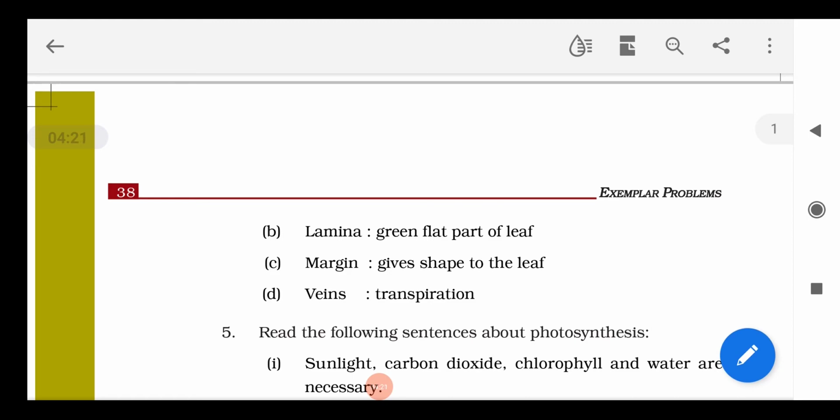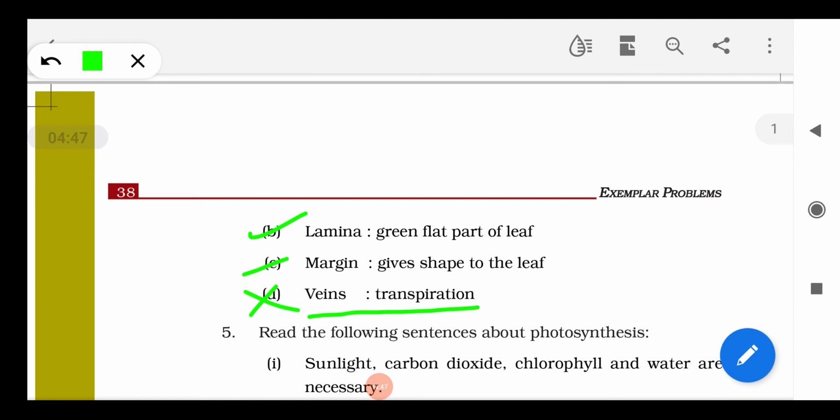Green flat part of the leaf is called lamina. This is absolutely correct. Margins give shape to the leaf. This is correct. But veins are involved in transpiration. This is wrong, because veins transport water, mineral and food in the leaf and provide support to the leaf.